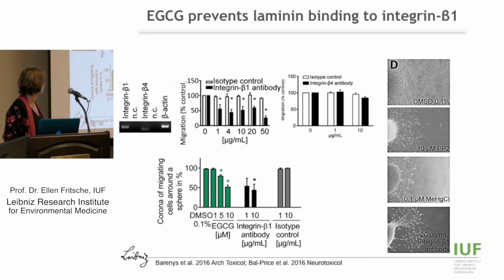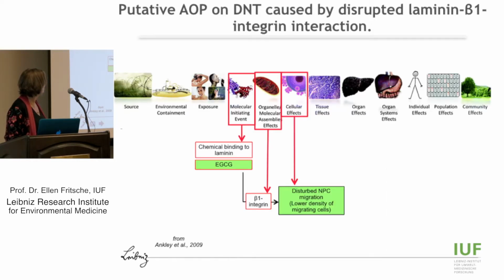And also, by using the beta-1 integrin antibody, in comparison to the EGCG, you also have fewer cells in the corona, and you have these gaps in the corona that we can quantify. So, adding to our AOP, we think that the EGCG binding to laminin and the disturbed migration has something to do with integrin signaling, with integrin adhesion to the laminin.